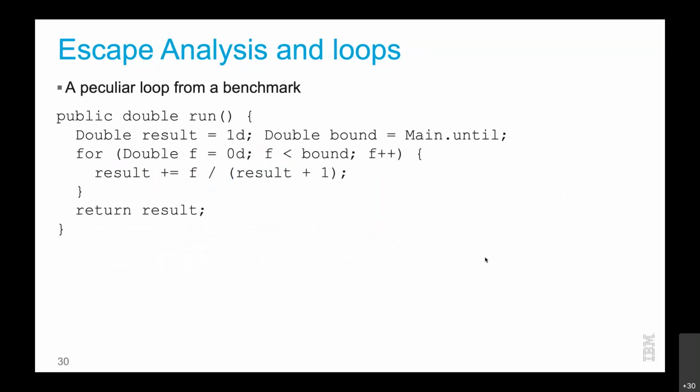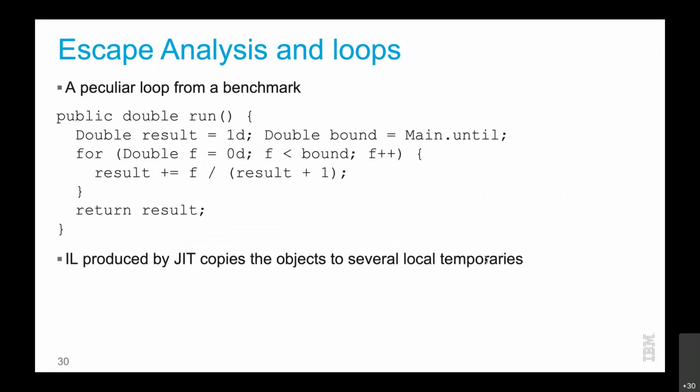But in actuality, the way the IL, the intermediate representation that's being produced by the JIT, is generated, it's actually copying the objects that are being allocated through several local temporaries.